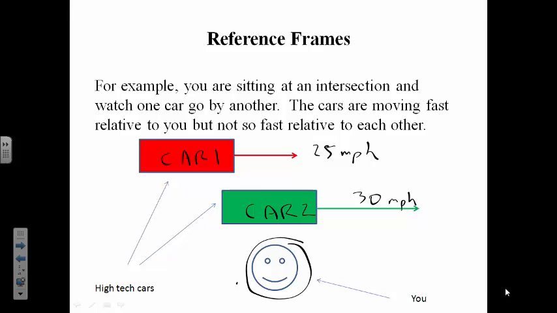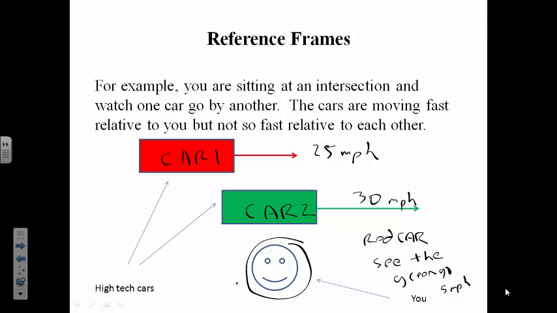red car going 25. But what the person in the red car sees, they see the green car go 5 miles per hour as it passes them, because the red car has a moving reference frame, and so they have to measure everything against their moving reference frame.